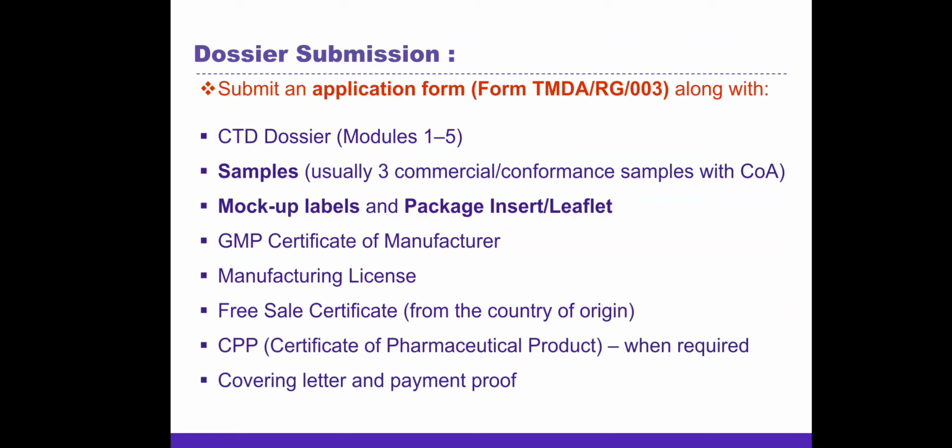Then we have to also submit CPP. The meaning of CPP is certificate of pharmaceutical product, and also we have to submit covering letter and payment proof. If we are compiling all these documents, we can say that dossier is complete.